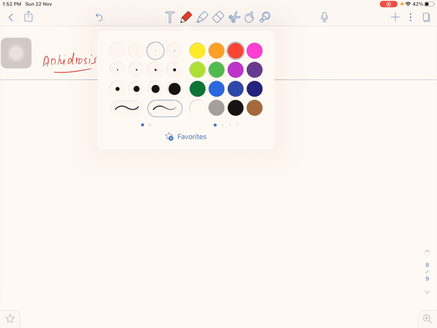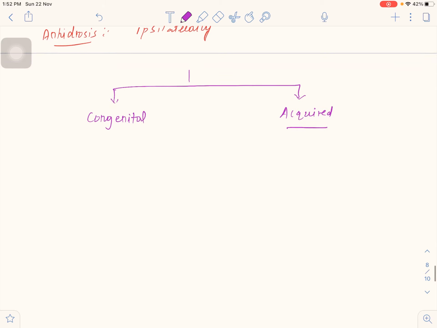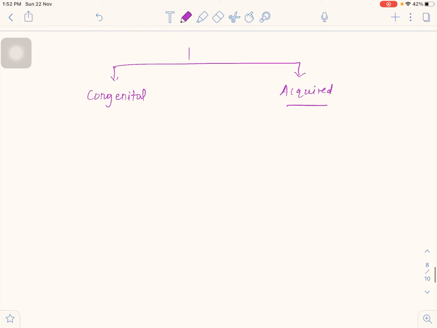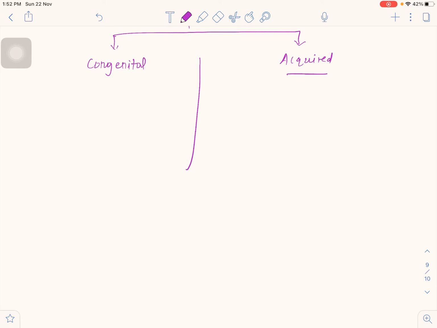So next, Horner syndrome can be of two types: congenital and acquired. First we can discuss acquired Horner syndrome. In acquired Horner syndrome, we can see ptosis, meiosis, and anhidrosis.